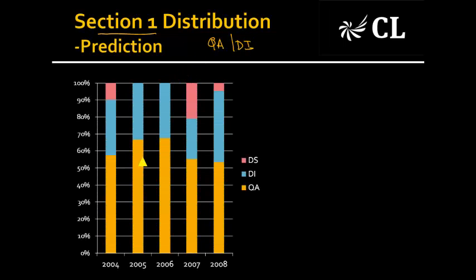Now let's start with section 1, distribution. Section 1, mind you, was quantitative ability and data interpretation. Let's look at how it was from 2004 till 2008. DS is, like I told you, data sufficiency. There have been certain questions of data sufficiency asked in the past. In 2007, it was almost 20% of the number of questions within DS plus DI plus QA.